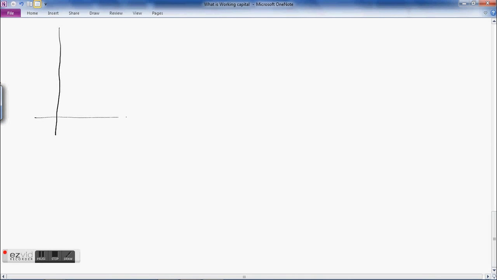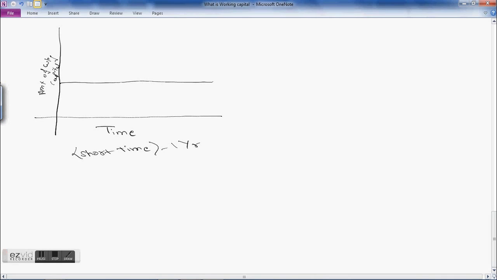Now this graph will show you the permanent and the temporary working capital. In a short period of time, say 1 year, your permanent capital will more or less remain constant.